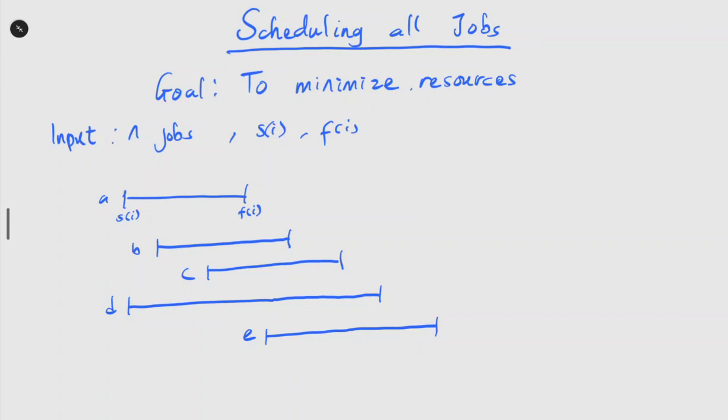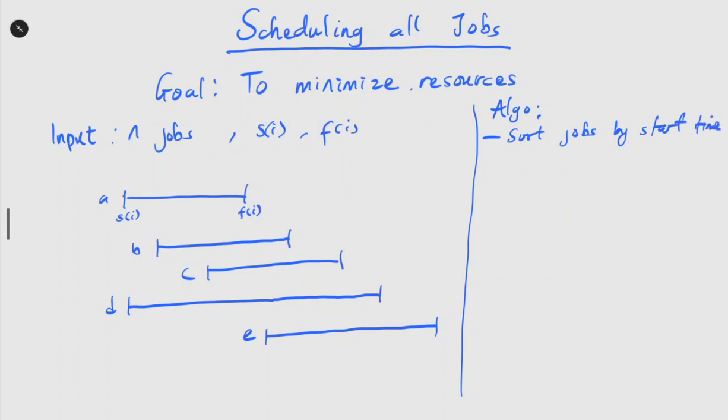So, what if, for our algorithm, we decide to sort all of these jobs by their start time?